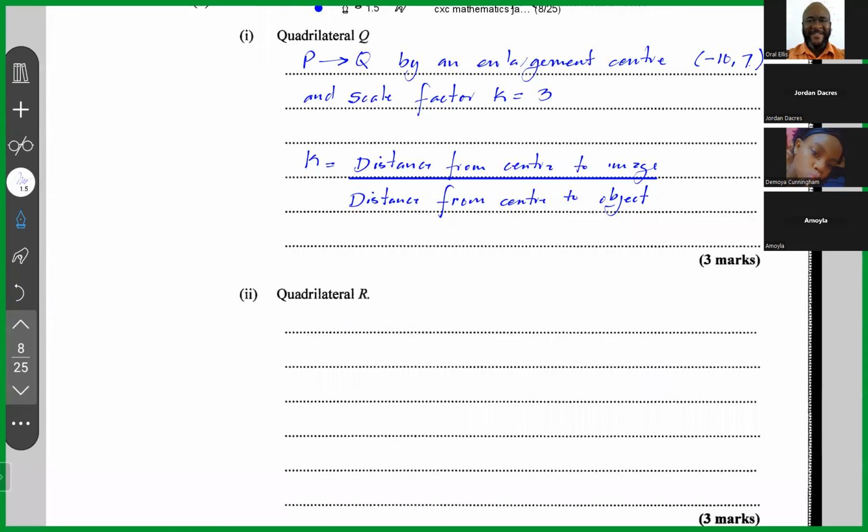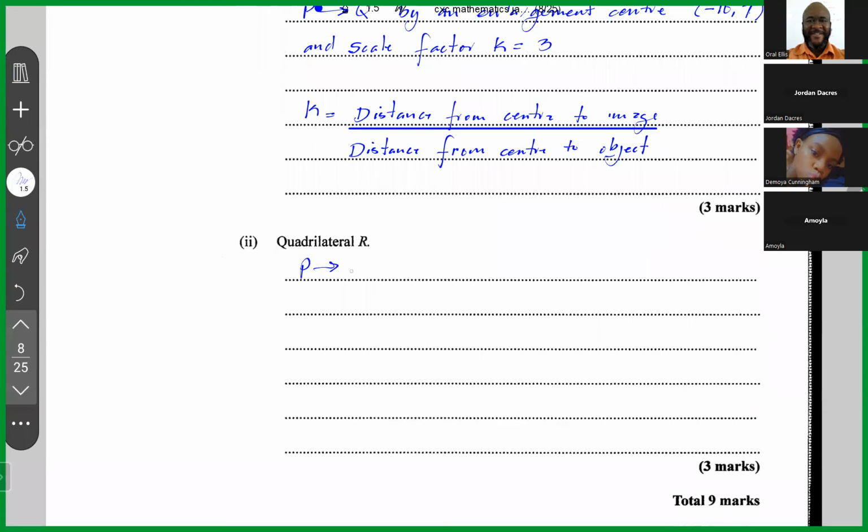So then I would say P is mapped to R by an anticlockwise rotation of 90 degrees about center -4, 2.